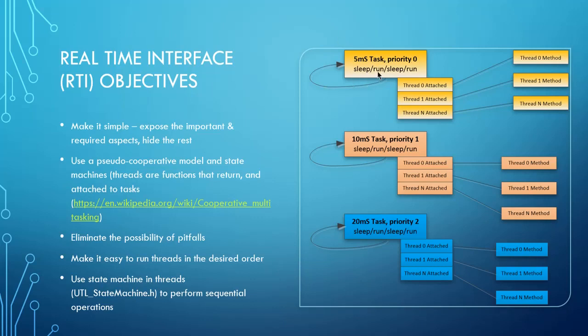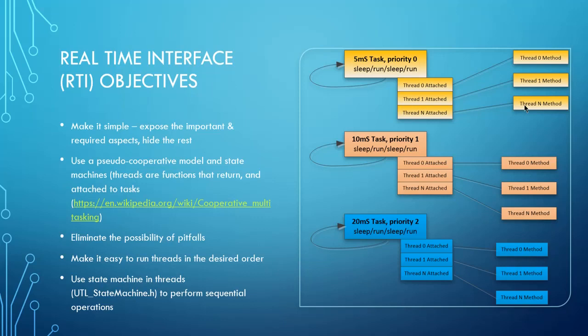And every time it runs, what we do when we transition to the RTI is we can attach what we call threads to the task. And every time the task runs, our thread functions are called, whatever we have attached to it. So these thread methods are not infinite loops.